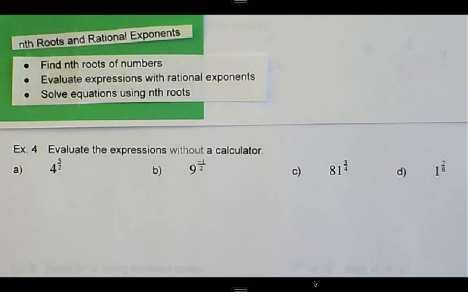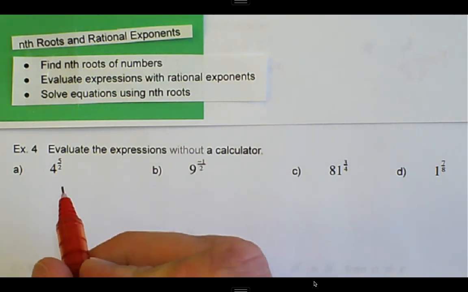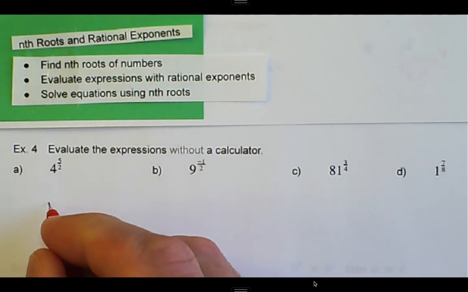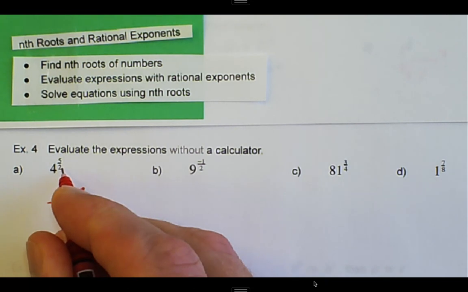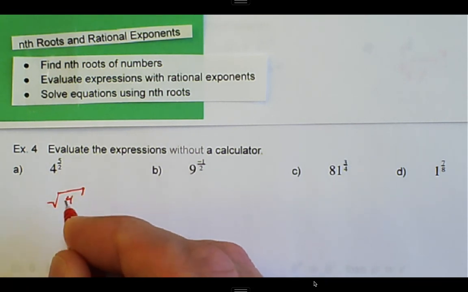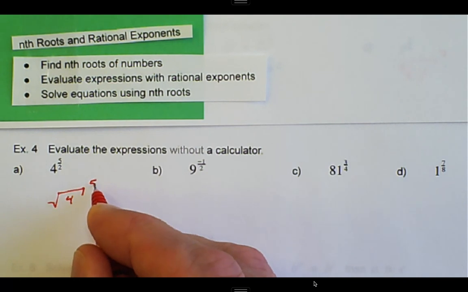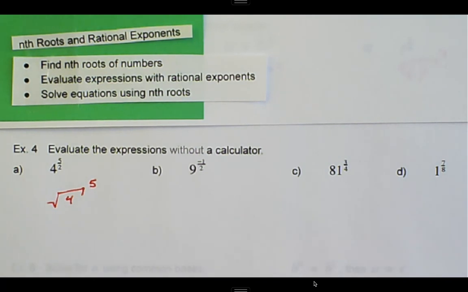We're talking about nth root and rational exponents, and here we want to evaluate the expressions without a calculator. A lot of times, the best step is to rewrite it. So we're going to take the square root, because that's in the denominator, the square root of 4, and then afterwards we'll deal with the exponent.